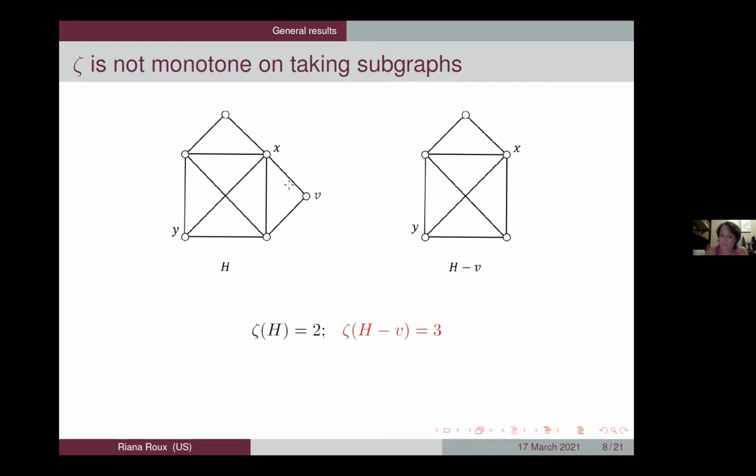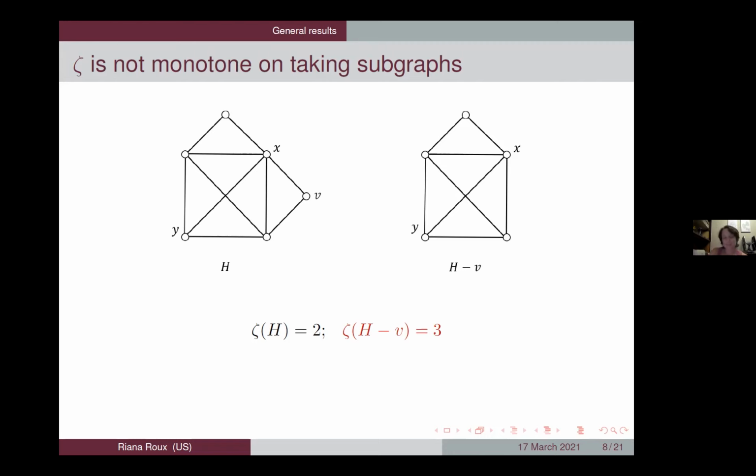But that's not always the case. Because if I take away one of these roofs of these graphs, then I'm left with the house graph. And in this house graph, I need 3 vertices to locate the robber. So the removal of a vertex does not ensure that the localization number decreases. It might mean that it increases.